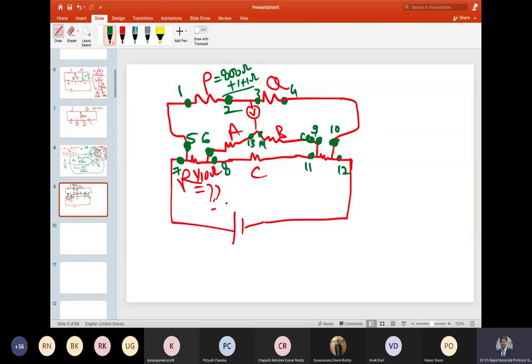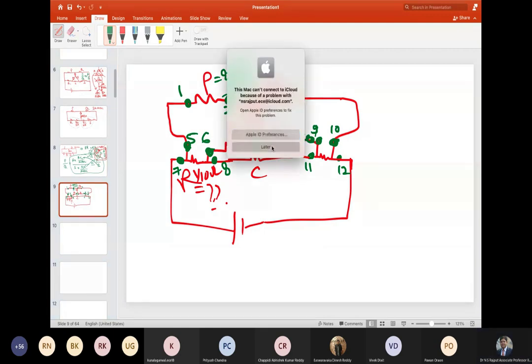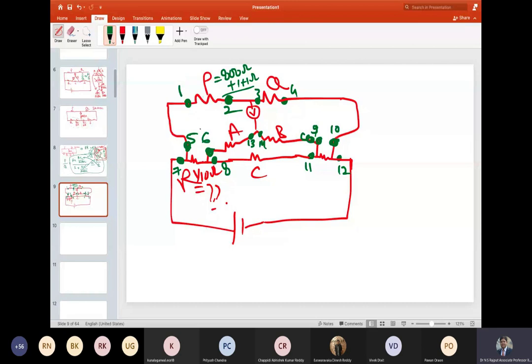So now you see that 1 and 2, and even this 5, these three resistances are coming in series with P. 1, 3, 5 are coming in series with P. However, P is much larger than 1, 3, 5, and therefore the addition of that will not be affecting.